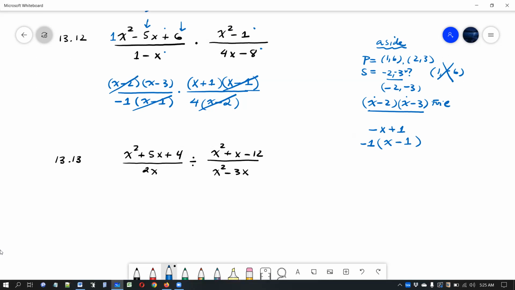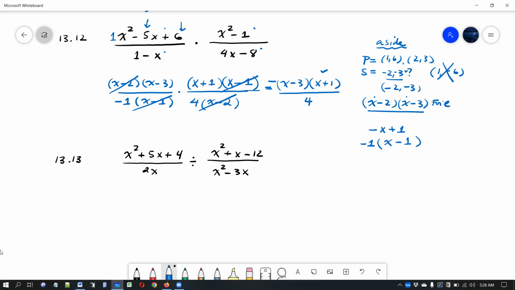I can't cancel the x minus 3 with anything, or x plus 1, but I will leave them in product form, x minus 3, x plus 1, and there's a minus 1 times 4 here. Now I can't leave a minus in the denominator, so I'll leave the 4, and I'll write the minus in the numerator. So this is my final answer for that problem.